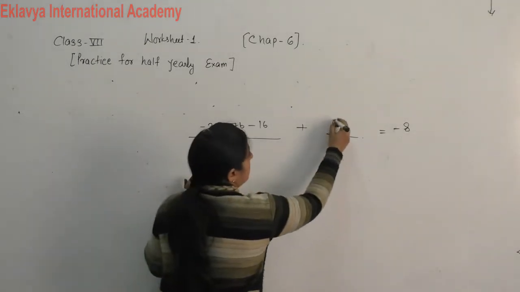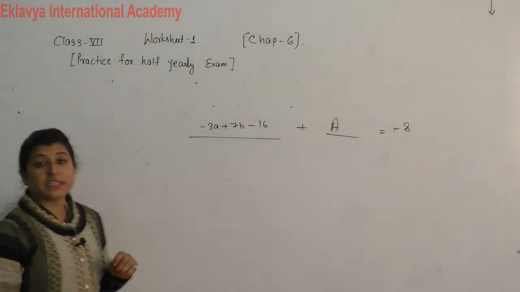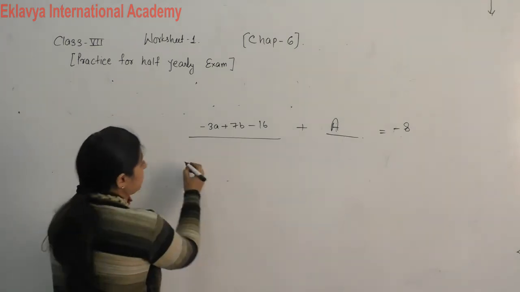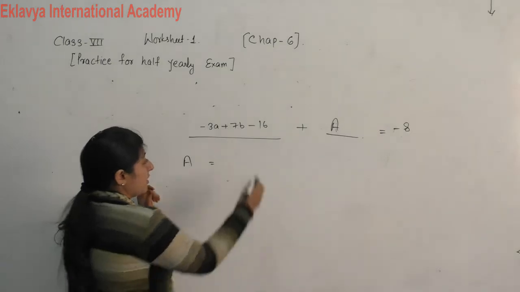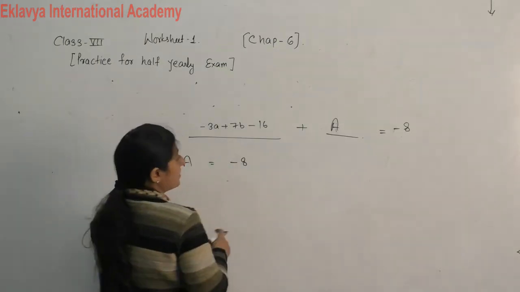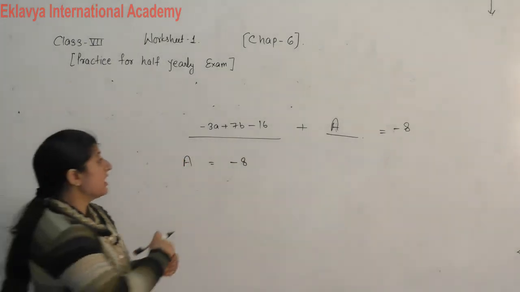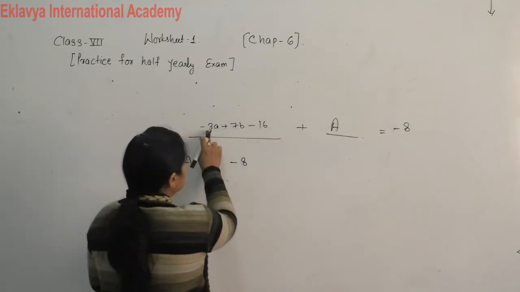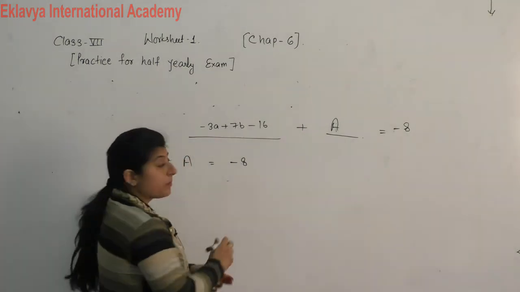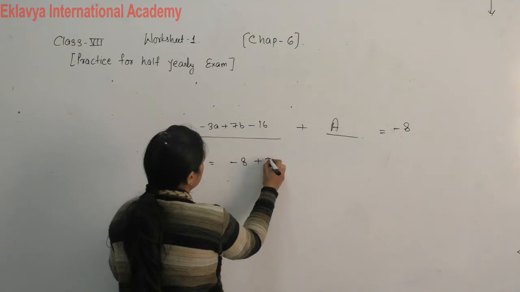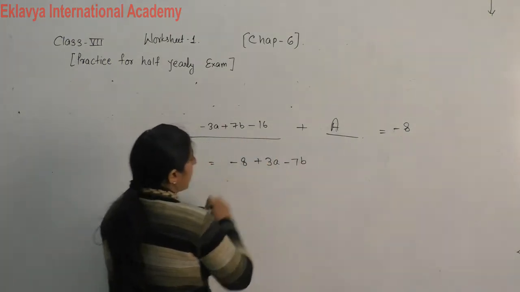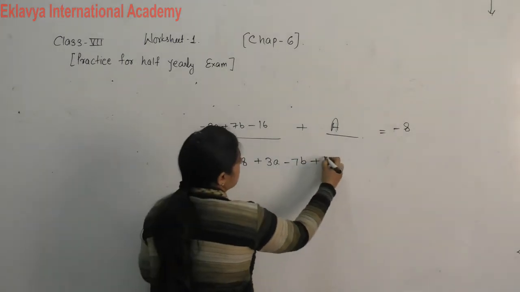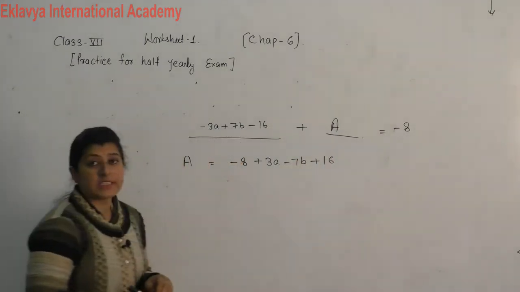See, suppose we add an algebraic expression A, then we want to find the value of A, and this sum is minus 8. How to solve an equation? When you transpose, the minus sign changes into plus: minus 3a changes into plus 3a, plus 7b changes into minus 7b, minus 16 changes into plus 16.